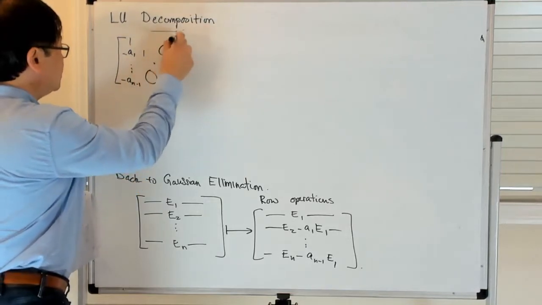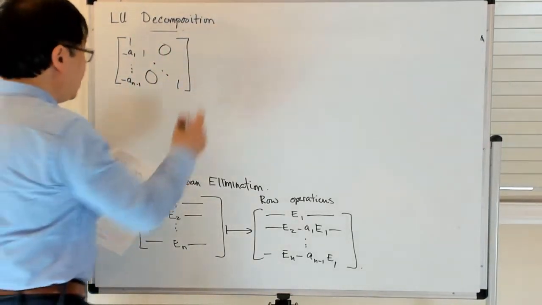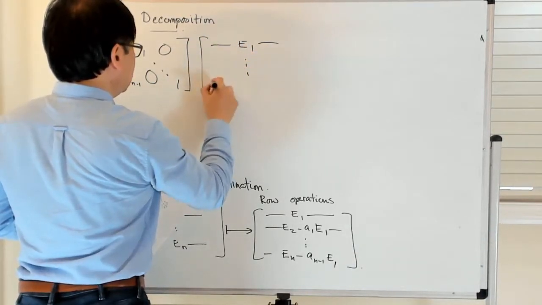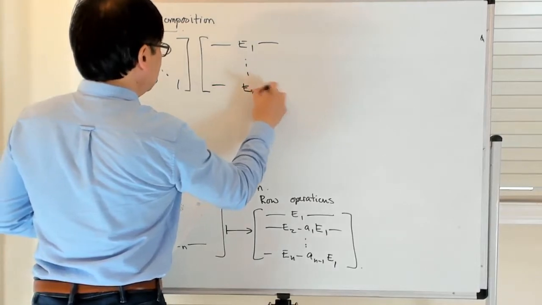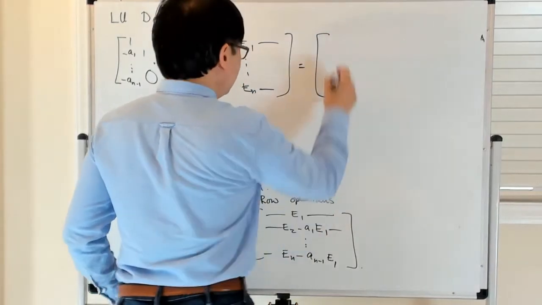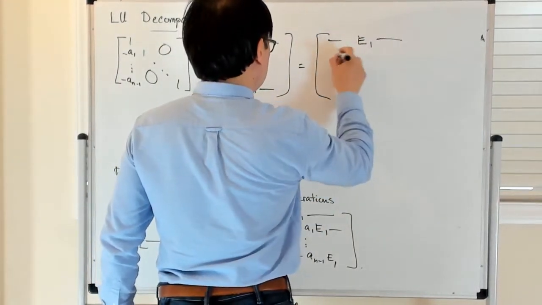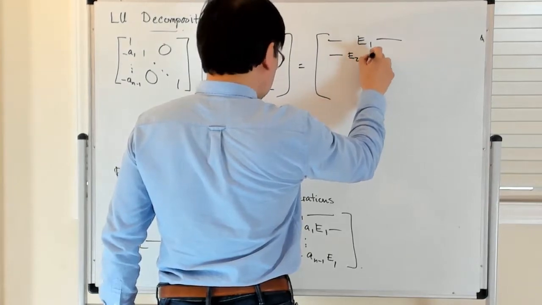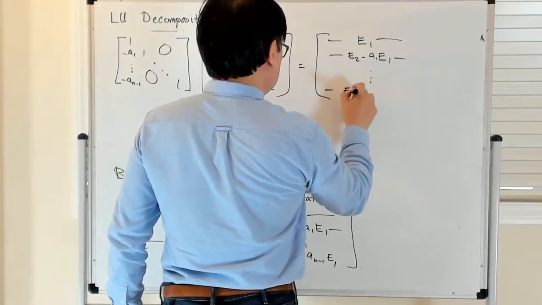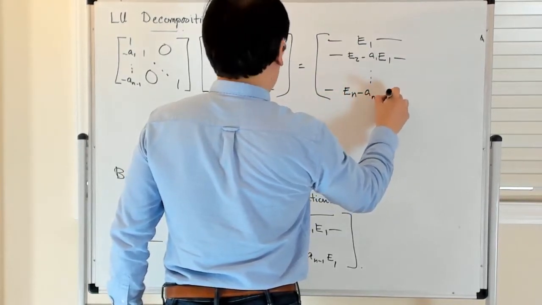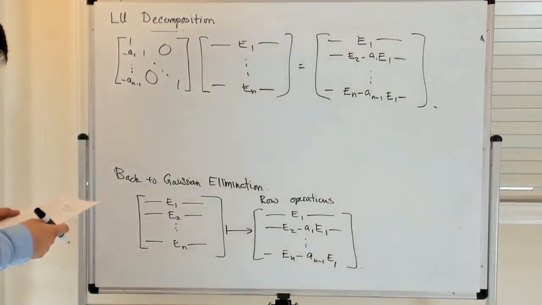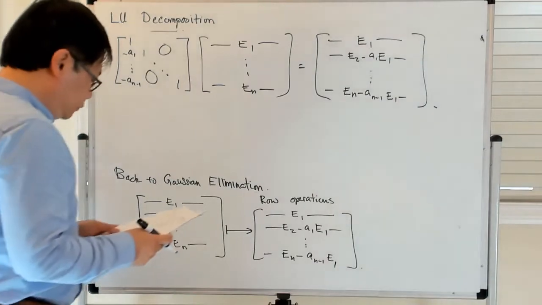The rest of them are zeros. This multiplied by the matrix A is going to give you what I'm looking for: the first row stays the same, the second row becomes E2 minus a1 E1, and the last row is En minus a_(n-1) E1. Again, you can easily check this.